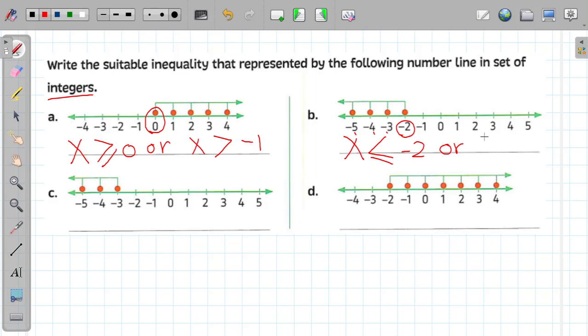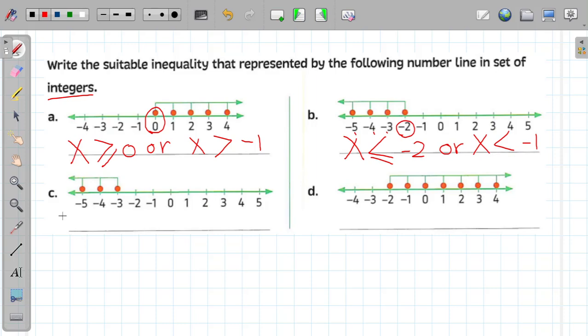So I can say here x is less than -1 because I'm starting with numbers that are less than -1, but I don't have -1 in the solutions of the inequality. Okay, so I have two inequalities here that can be represented by the number line.